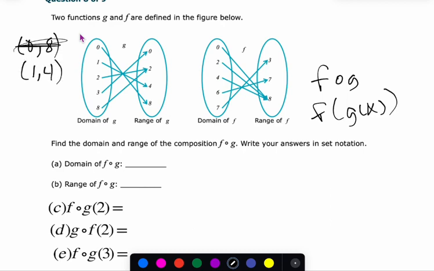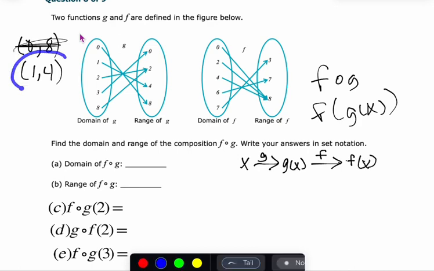Okay, so I'm starting with the x's in G. They're going to become the y's, or the G of x's. And then I'm going to take those and put them in the F for them to become F of x's. Okay, so I started with 1. It becomes a 4. I'm going to take that 4 and I'm going to connect it over in F, and what's it become?